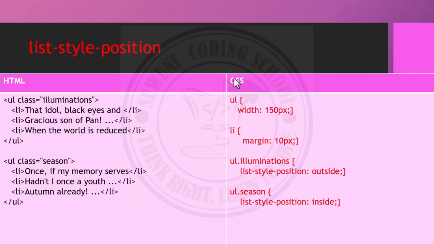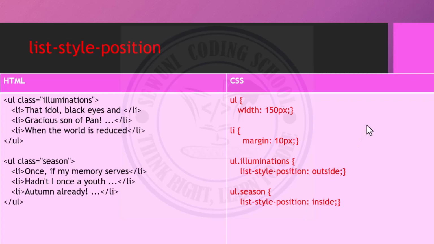Now the lists have a width of 150 pixels and there is a 10 pixel margin for each of them, whilst the one with the class of illumination was positioned outside and that of the class of season was positioned inside.